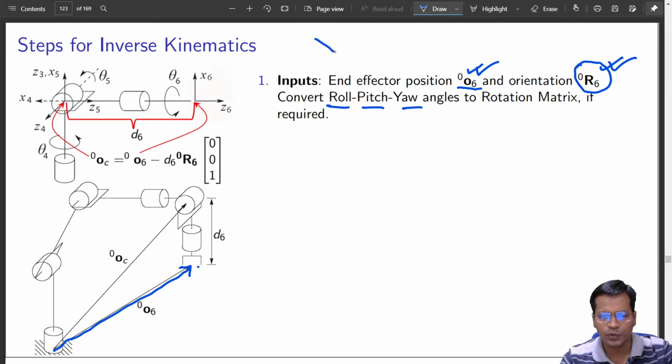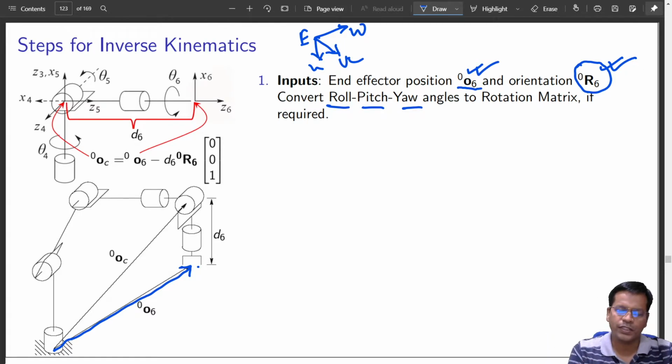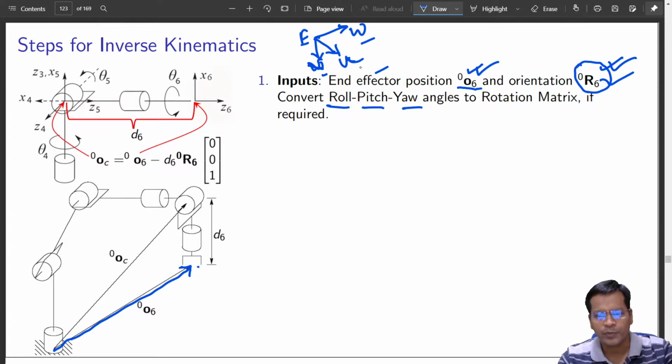That means you know the orientation of the last frame, U, V and W. If this is U, this is V, this is W, these 3 are given, that means projections are given, that means the last rotation matrix is given. The 3 cross 3 matrix can be directly obtained by the projection of U along XYZ, projection of V along XYZ, projection of W along XYZ.